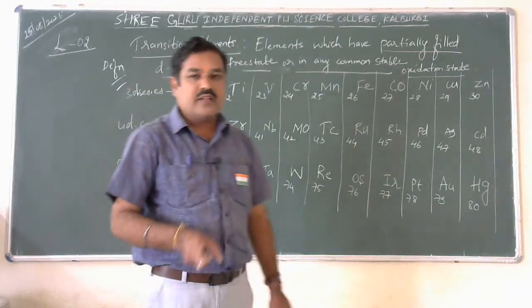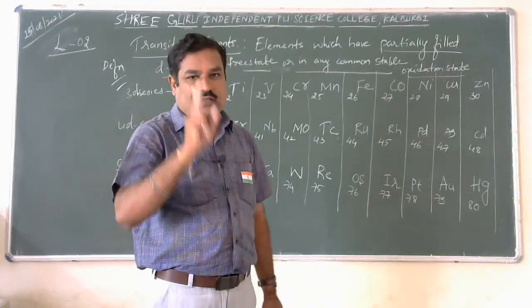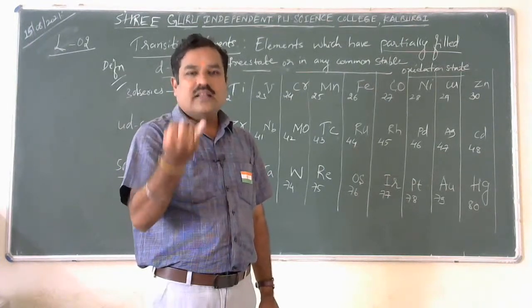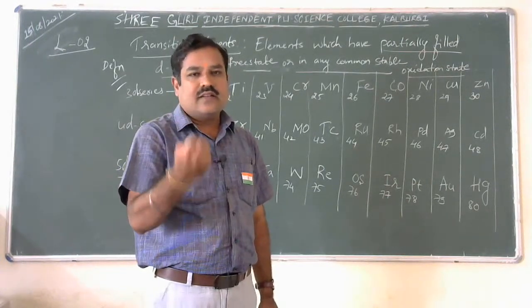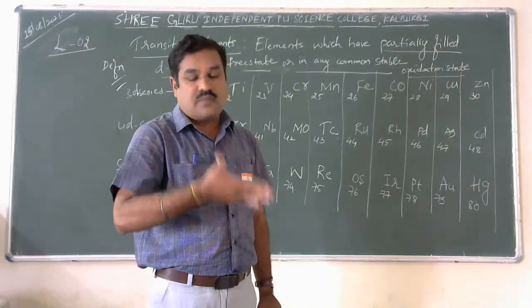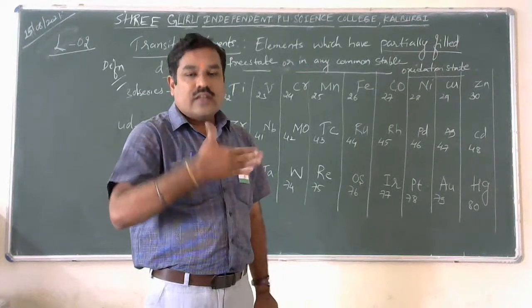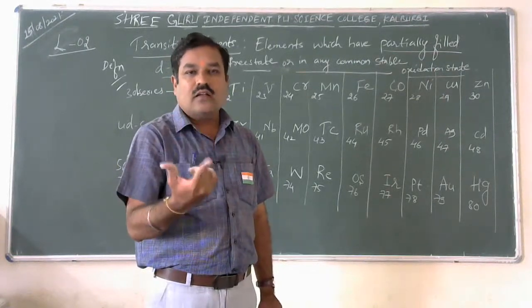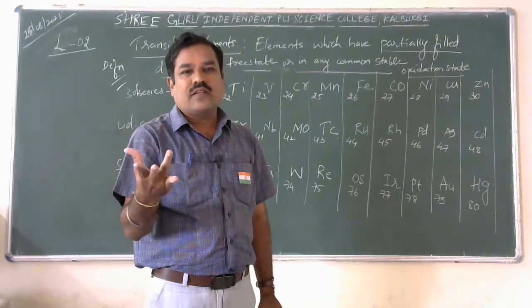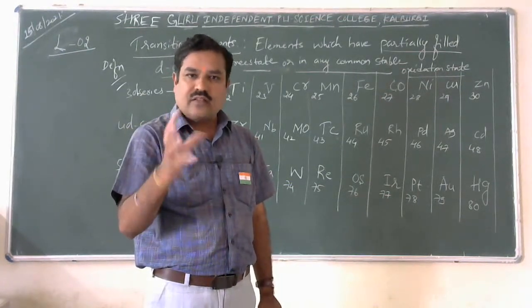Remember, once again repeating, high tensile strength, okay, hard, malleable, ductile, high thermal conductivity, high electrical conductivity. These are common physical properties. Other than this, because of more unpaired electrons, they show variable oxidation state, color, complex formation, catalytic property, high degree of catalytic property, right?